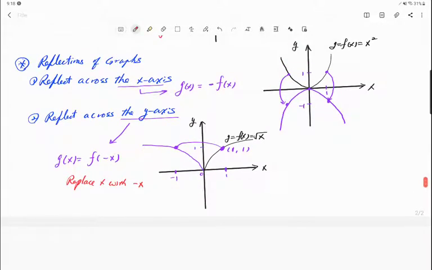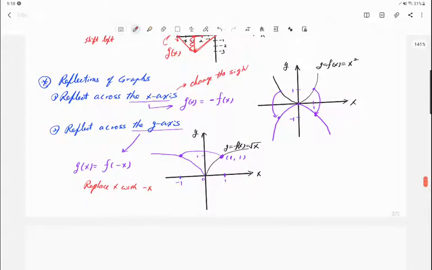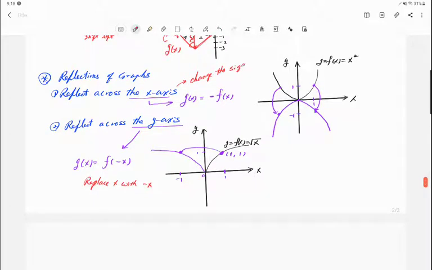Okay, how about the x-axis? What we do is negate, make the opposite of what? Make the opposite of y. Change the sign of y. Okay, and then how about this one?